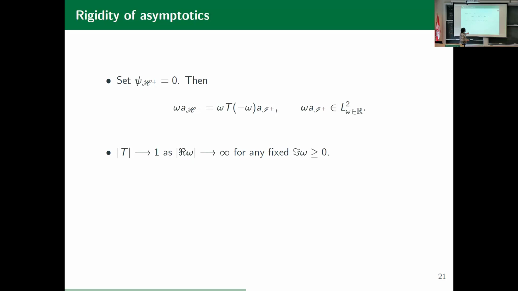Now I emphasize that because I started from this convention for the Fourier transform, as far as exponential decay is concerned, what we're looking for is holomorphy below the real line. But notice that the relation involves T of minus omega. So that means we're talking about the analyticity properties of T above the real line. So there's no QNMs or anything like that.